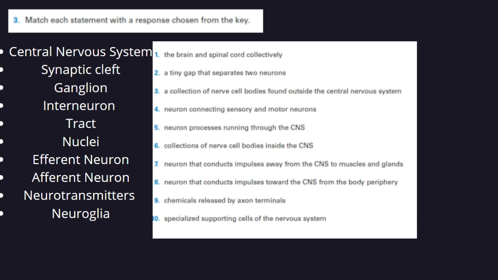Efferent neuron. Number 8. Neuron that conducts impulses towards the CNS from the body periphery. Afferent neuron. Number 9. Chemical released by axon terminals. Neurotransmitters.